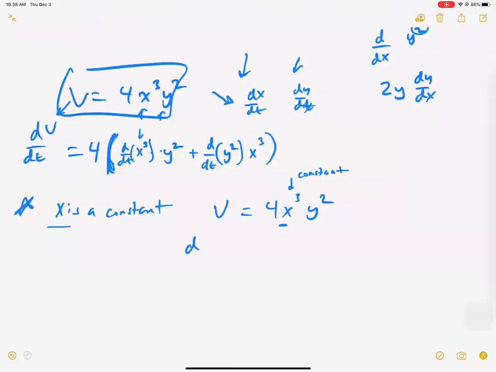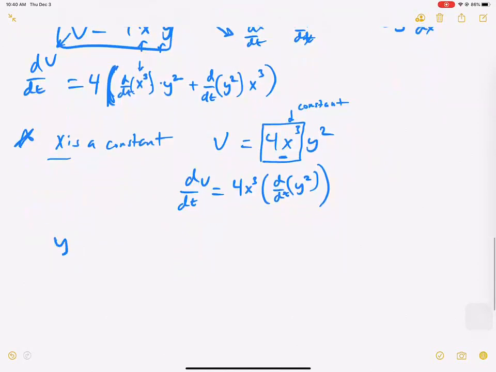The derivative of v is still dv, but isn't 4x cubed all constant now? Yes. We only have to take the derivative of y squared. So whenever it's a constant, we just don't take the derivative. Or if we do take the derivative of it, it would be 0.